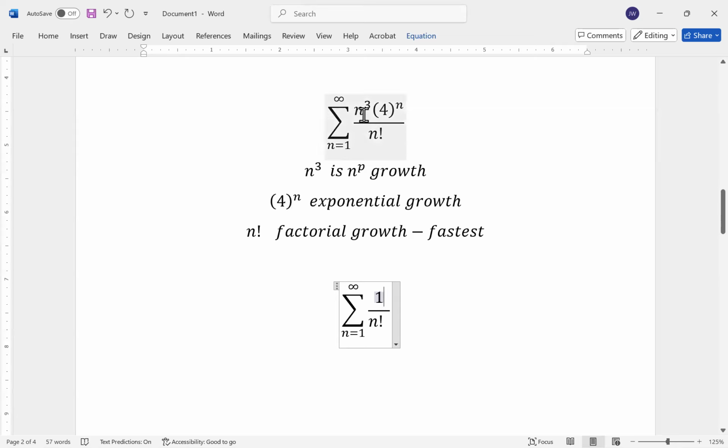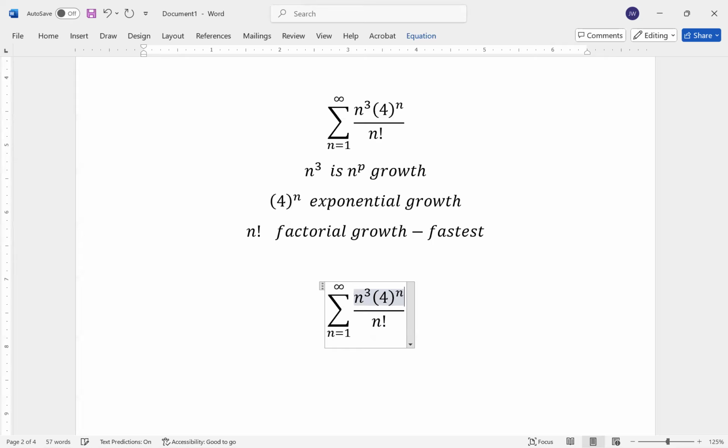Even if I have multiple different types of growth here, an exponential times an n to the p, the product of those things doesn't actually overcome the factorial growth. That's something you can convince yourself of if you want, but it is true, so I will just go with it.